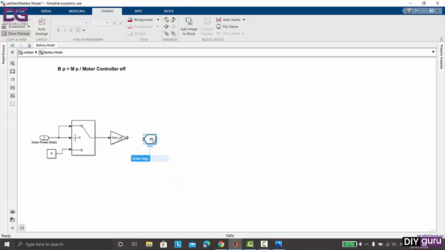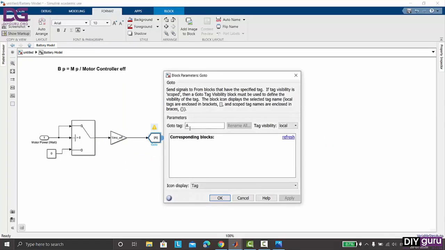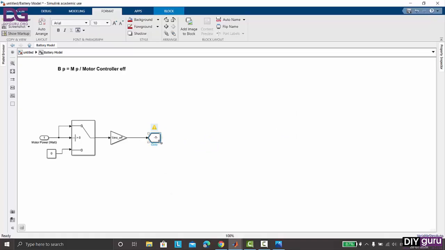Add one go-to block. The output we will get in the battery power is in watts. So, estimate the energy consumption per kilometer.